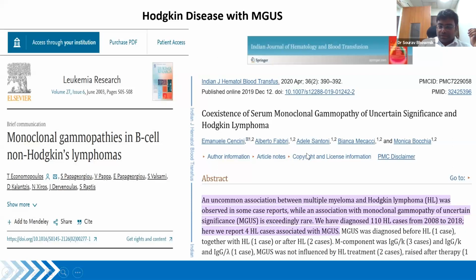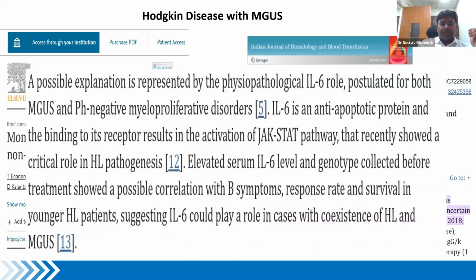Hodgkin with multiple myeloma has been reported in quite a few cases, but Hodgkin with MGUS is rarer still. Possibly IL-6 related causes are at a hypothetical stage, and they suggest IL-6 might be a cause behind the relation of Hodgkin with MGUS. So this is a very unusual presentation with other paraneoplastic syndromes or comorbidities, and it was very tricky to diagnose this case.